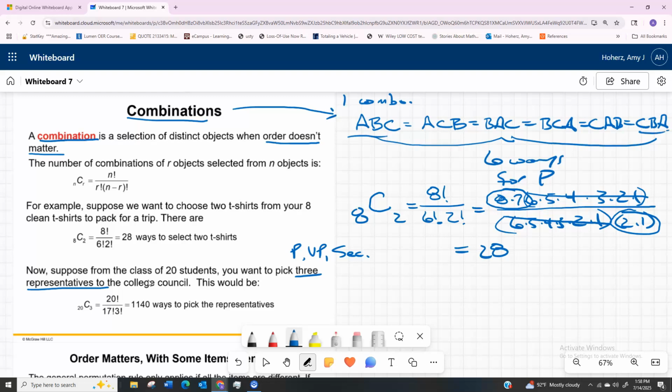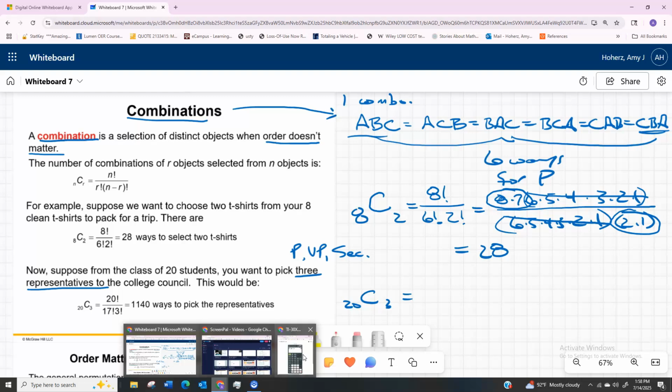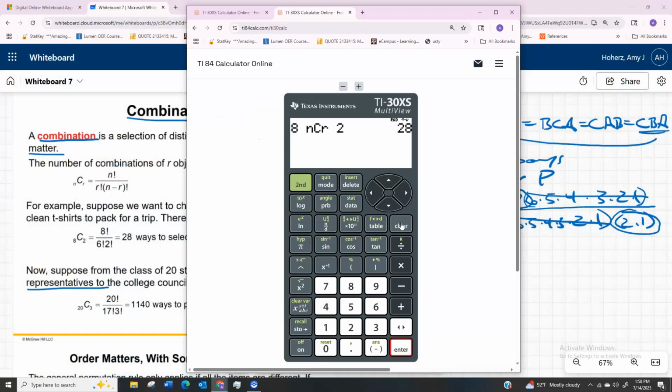To do this on your calculator, you're just going to do 20 C 3, and that comes out to be 1,140 ways.